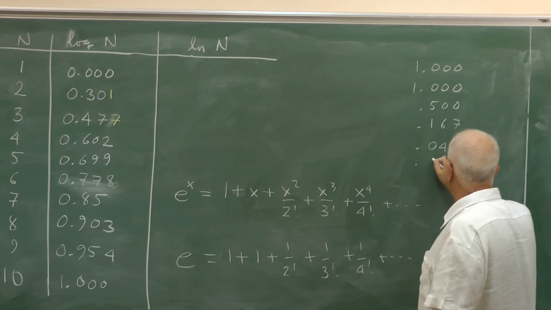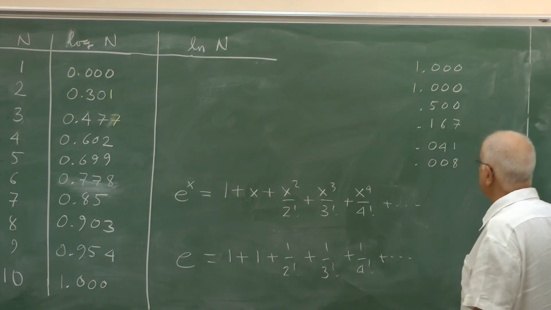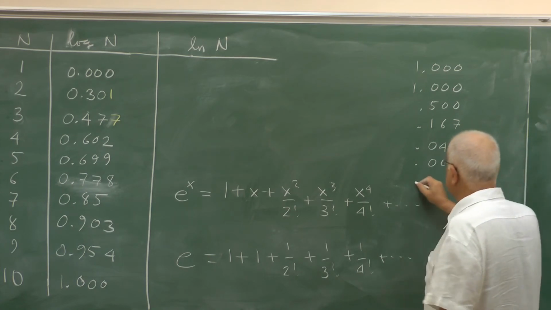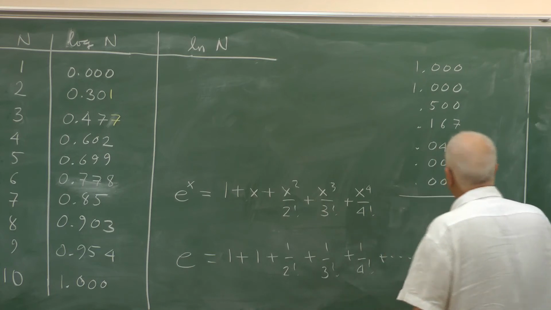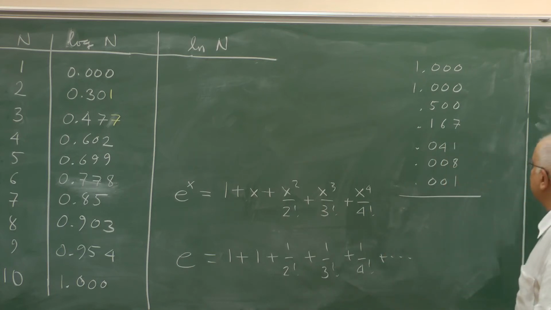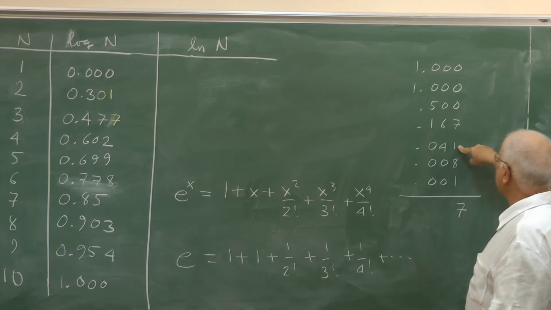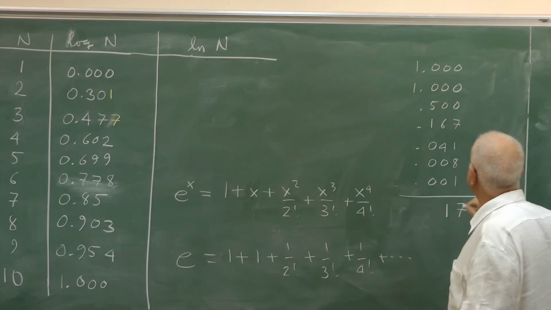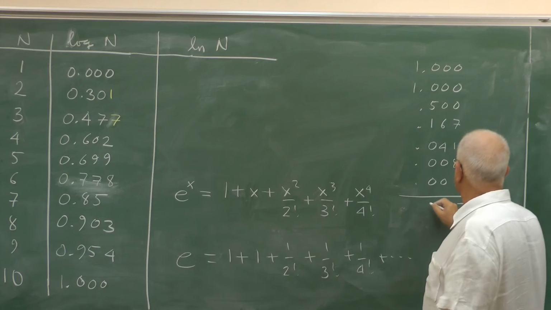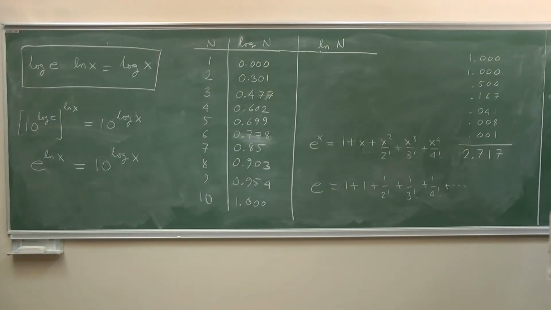Then I'll divide this by 5. 8. Then I'll divide this by 6. Well, this is good enough as a start. So 7, 1, 7, and 2. 2.717.